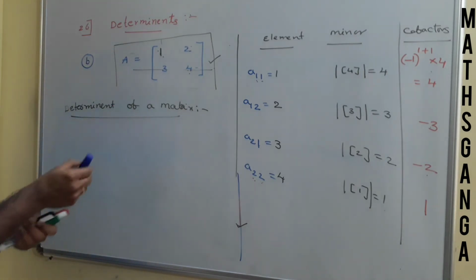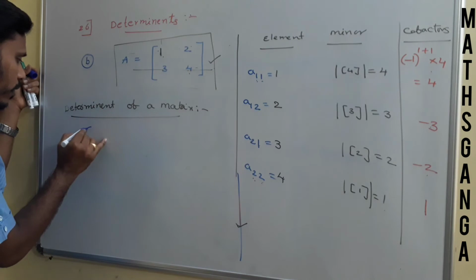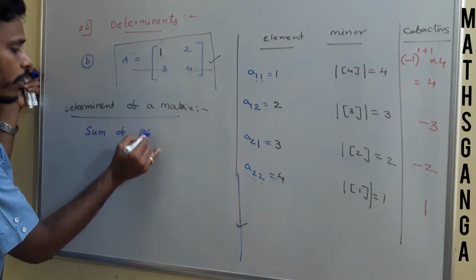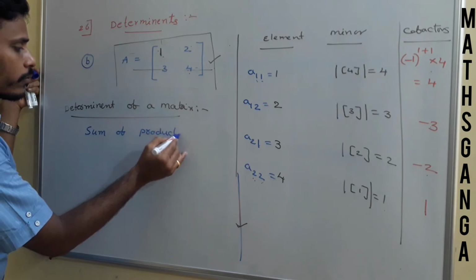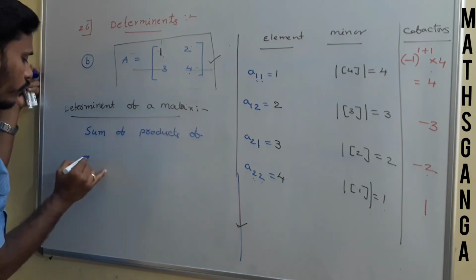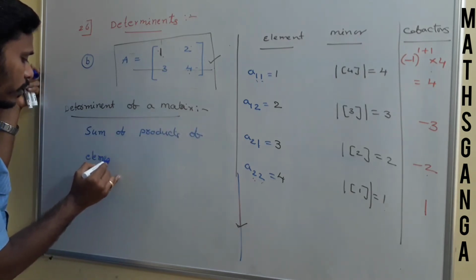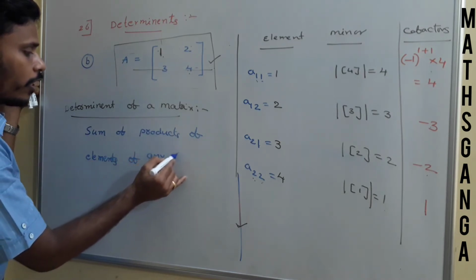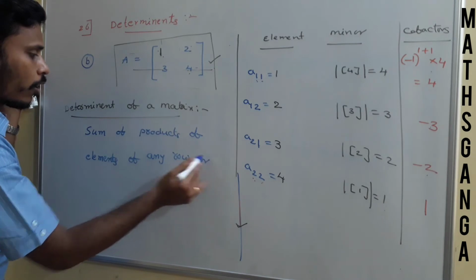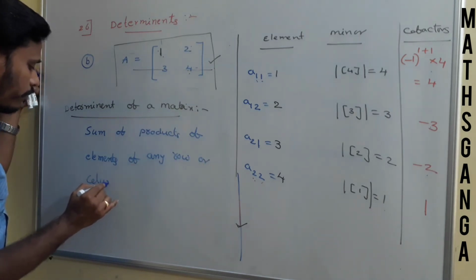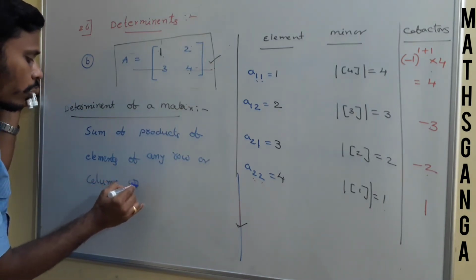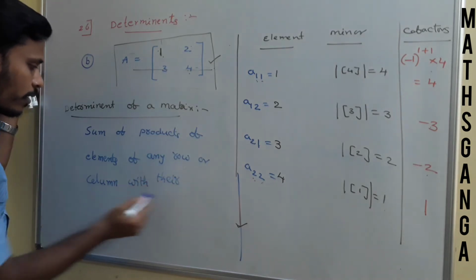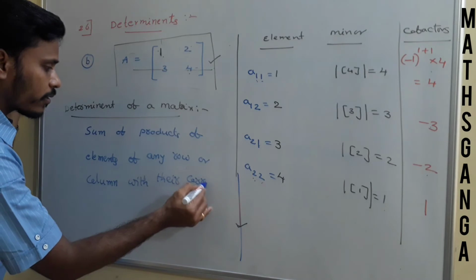Determinant of a matrix is nothing but the sum of products of elements of any row or column with their corresponding cofactors.